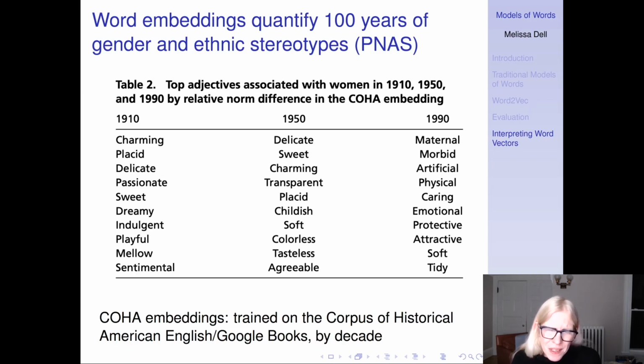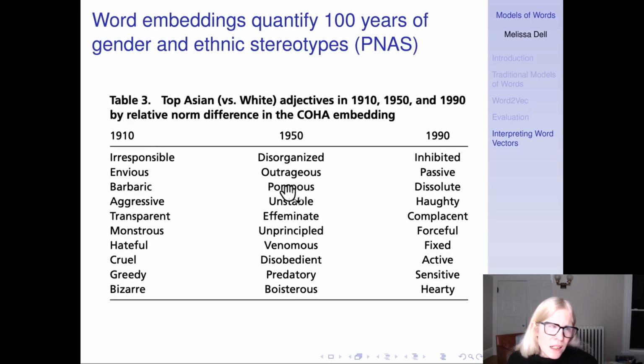And they argue that this can be used to approximate shifts in gender stereotypes, at least if you think this corpus is representative. And again, these are adjectives that are used in very similar contexts to she, but not to he.